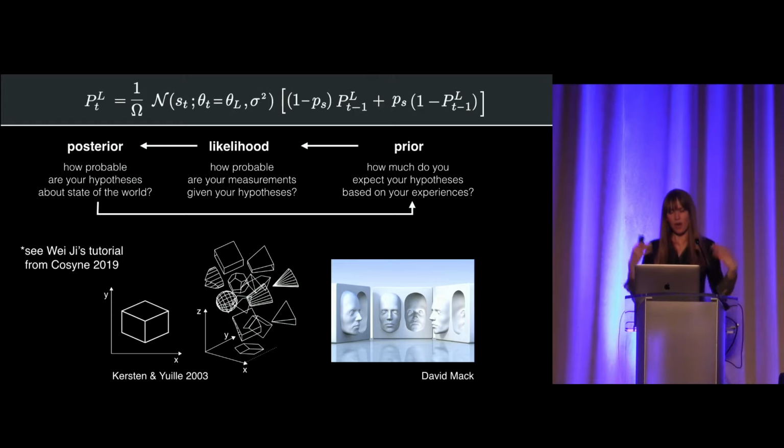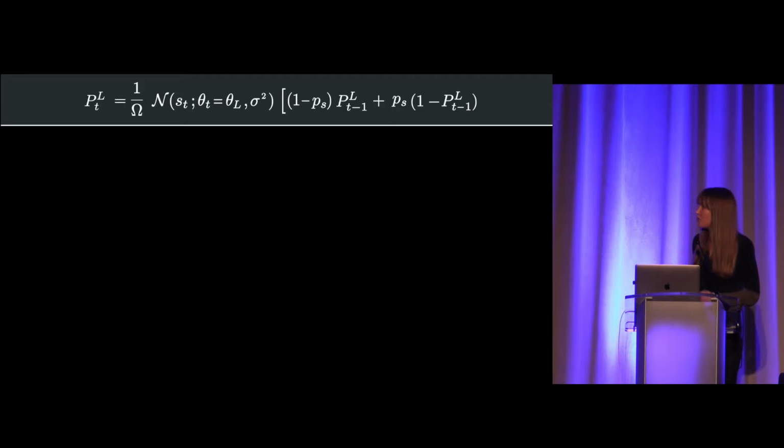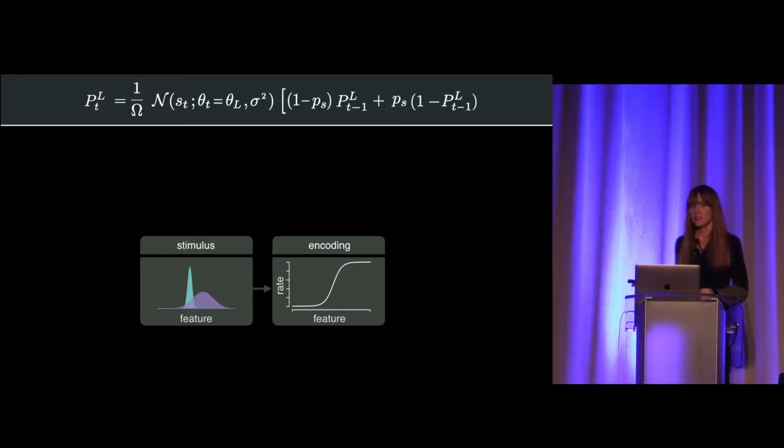But for now, I want to move forward and think about how we can couple this process of Bayesian inference with what we've already been talking about, this efficient sensory coding. So up until now, we've been thinking about how you could efficiently encode different stimulus features using different forms of this encoding.